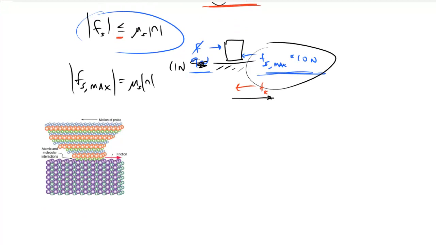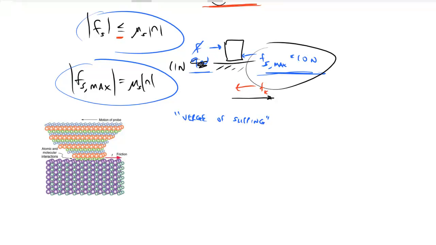Key words for when we would be looking for the maximum static friction force: if we say something is on the verge of slipping or on the verge of moving, it means that the static friction force has been maximized, and if we apply any more force, it's going to start to move.